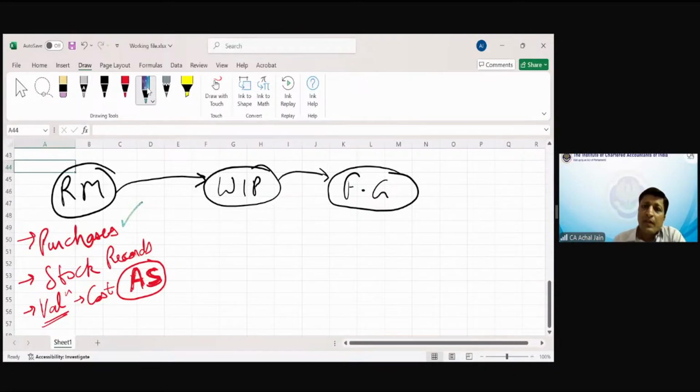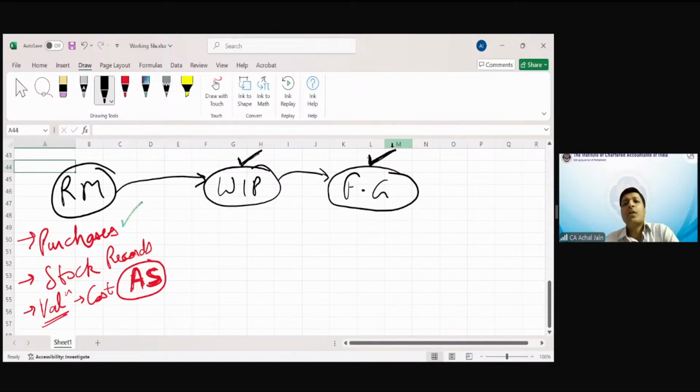Now, let's talk about WIP and finished goods. Let's talk about these two items, WIP and finished goods. Now, in this case, what are going to be the components of valuation?